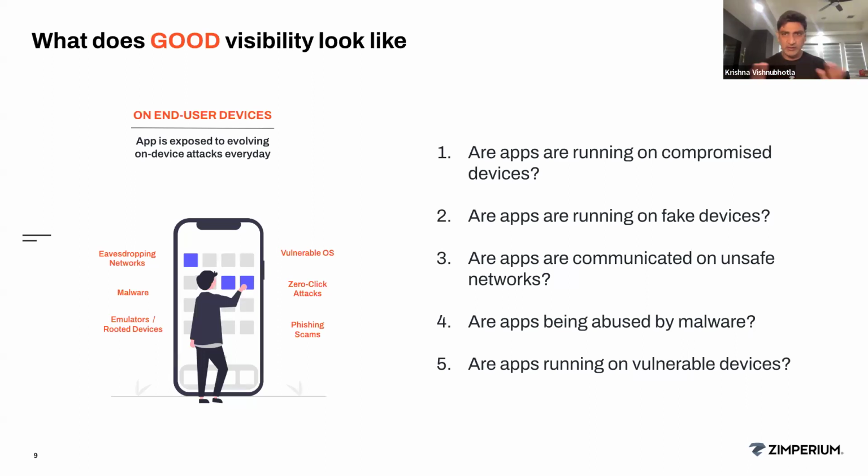The second one is fake devices. A lot of apps can't even tell if they're running on a fake device, and we see this used in banking fraud a lot. Because today, take an example like digital account opening, Grant. I remember when we had to go and sign papers to open an account, because that was the most risky transaction for the bank. Fast forward 10 years, and in 15 seconds I can open an account. I can open a credit card account, even a new savings or checking account these days.